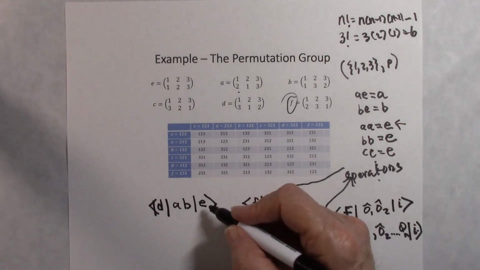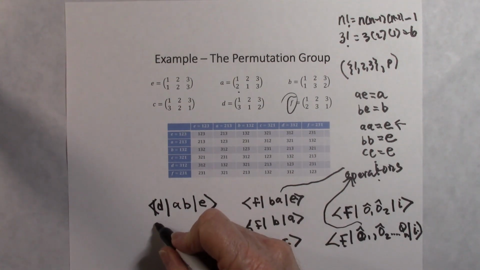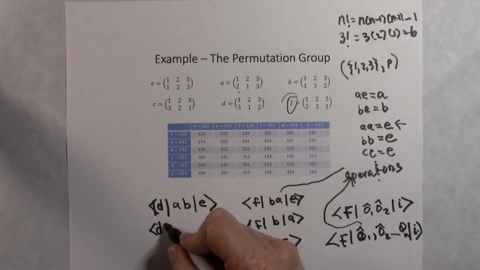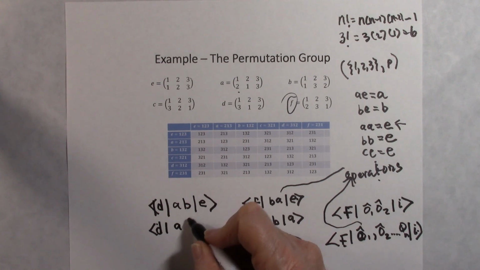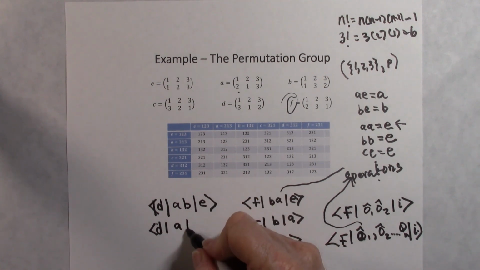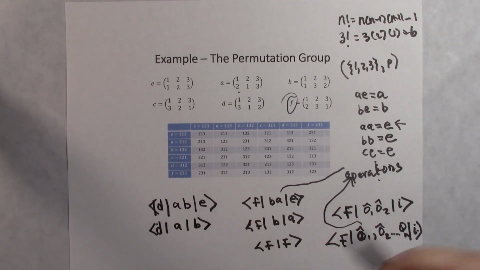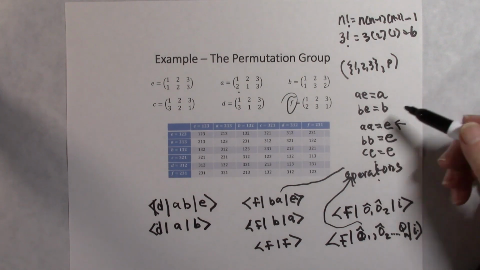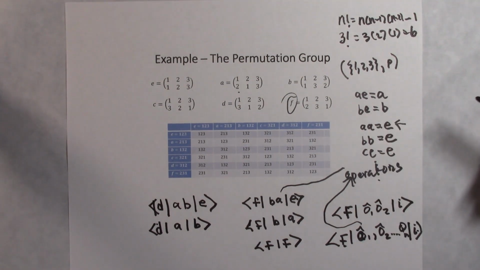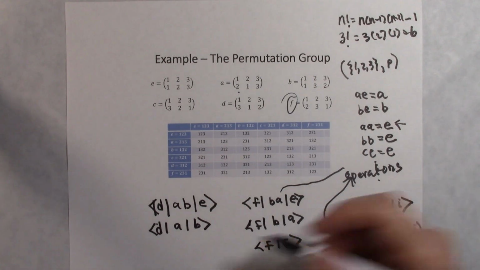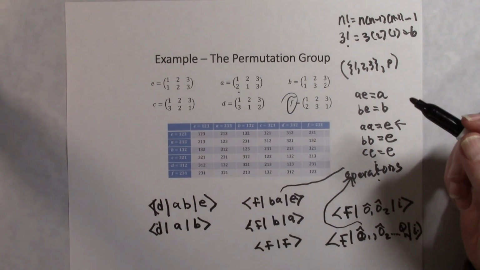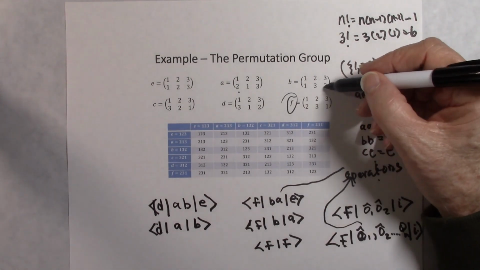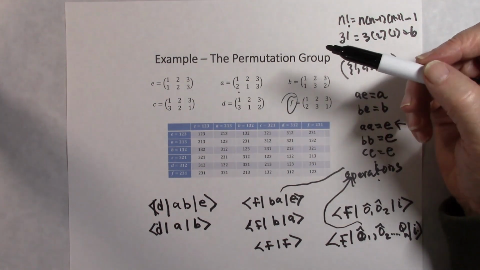If we operate on E, well, we know what that is. That gives us D, A here, that's going to change it into B. We know that from here. B operating on E gives B back, so we have state B. What happens if A acts on B? Well, here's B, and A tells us to switch the first two elements around.